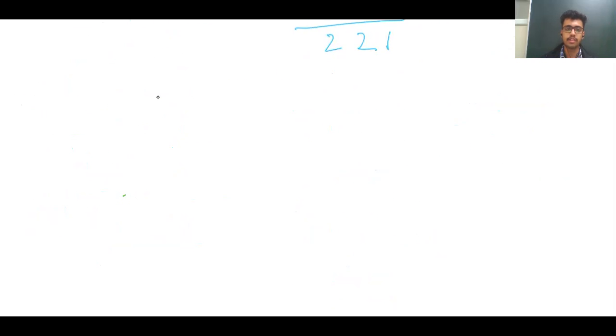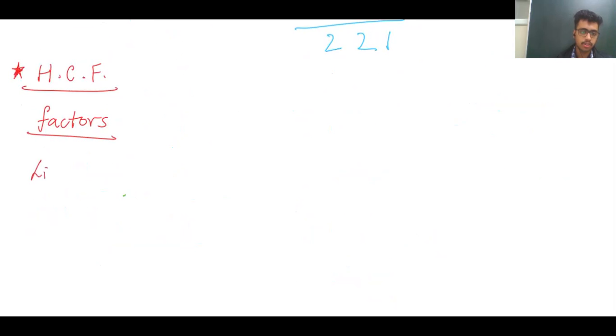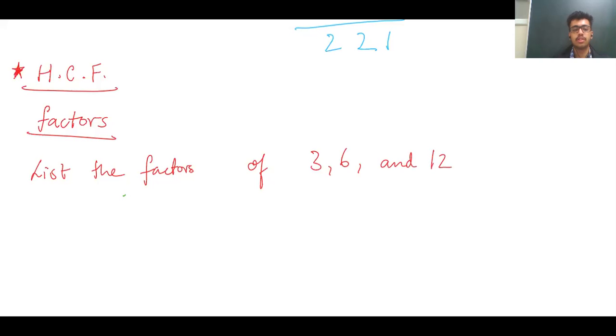So this is about LCM. Now we'll go to HCF. First, back to factors. Okay, first now list the factors of 3, 6 and 12. List the factors of 3, 6 and 12.